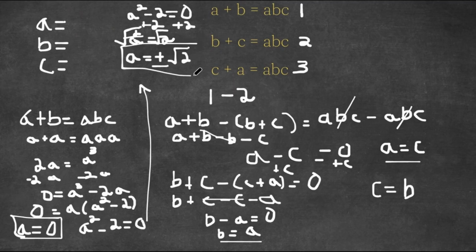And because a is equal to b and c, this is also the same for b and c. b and c are also equal to 0 and positive and negative square root 2. So 0 and positive, negative square root 2 for all of them. And that's our answer.